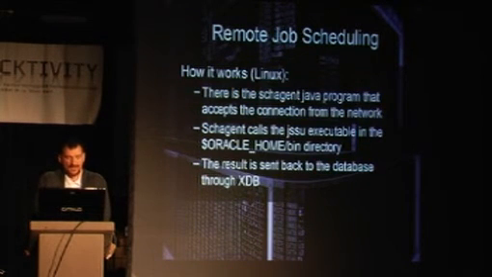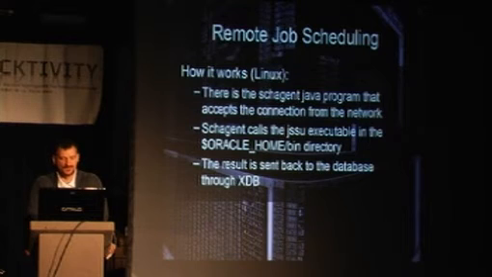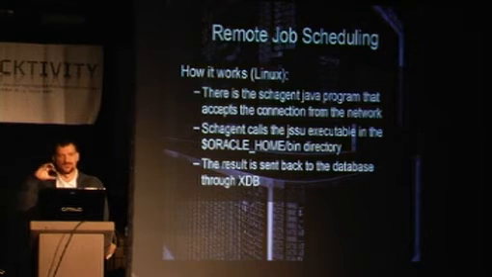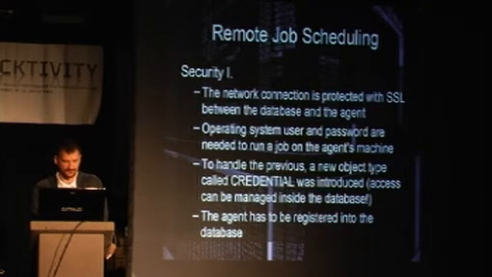How does it work? There is a Java agent, SCH agent, that accepts the connection from the network. SCH agent calls the GSSU executable in the Oracle bin directory, and the result is sent back to the database through XDB instead of returning them through the same path where the queries came in.